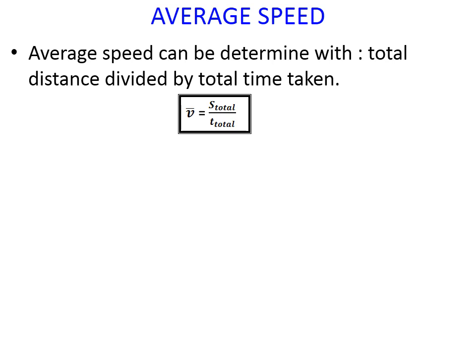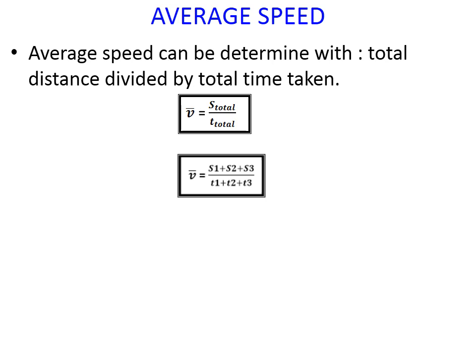That s total equals s1 plus s2 plus s3 if there are three types of motion with different velocity. And t total is t1 plus t2 plus t3. Because of that, average speed equals s1 plus s2 plus s3 per t1 plus t2 plus t3.